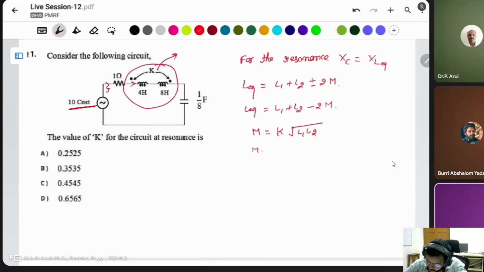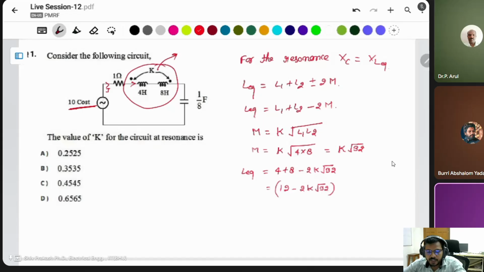Then you can put the value: K root of 4 into 8, which is 32. K root 32 is the M. Then what is the L equivalent? L equivalent is equal to L1 plus L2, 4 plus 8, minus 2K root 32. It will be 12 minus 2K root 32. This is the L equivalent.